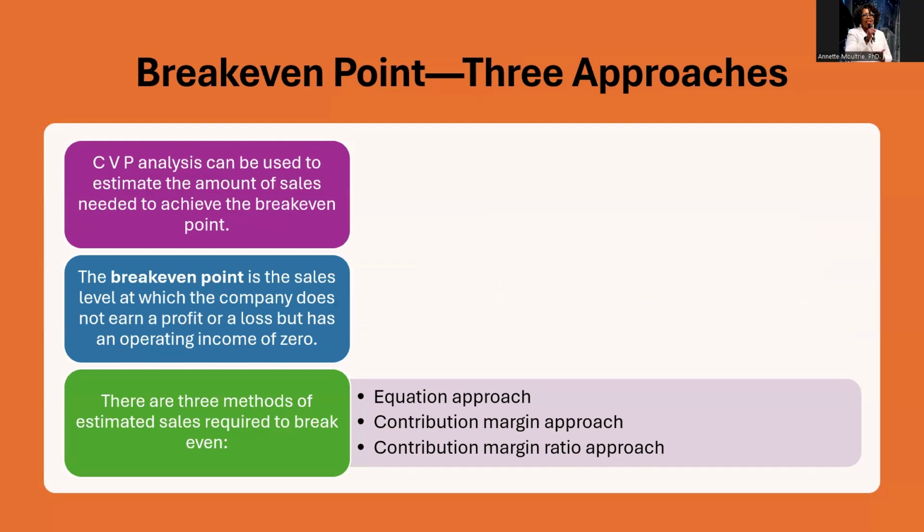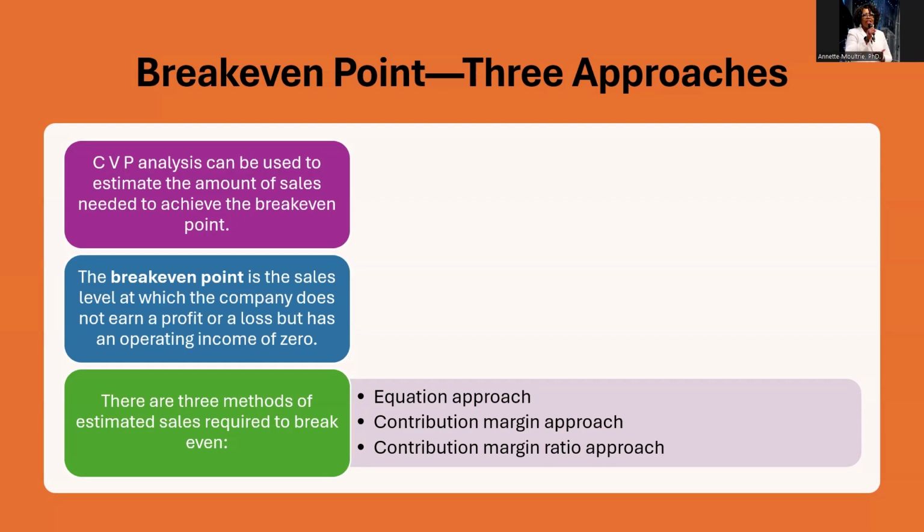Break-even point, 3 approaches. Now, CVP analysis can be used to estimate the amount of sales needed to achieve the break-even point. The break-even point is the sales level at which a company does not earn a profit or a loss, but has an operating income of 0.